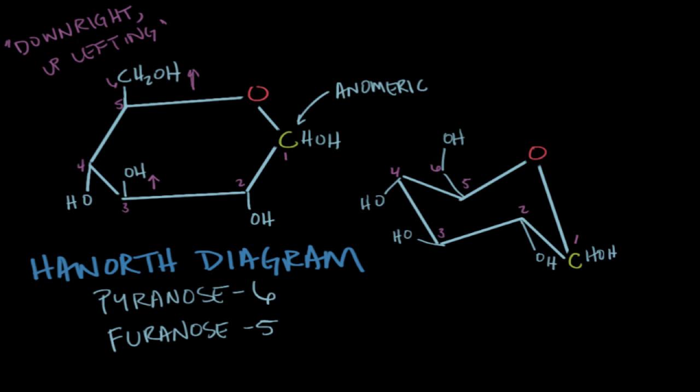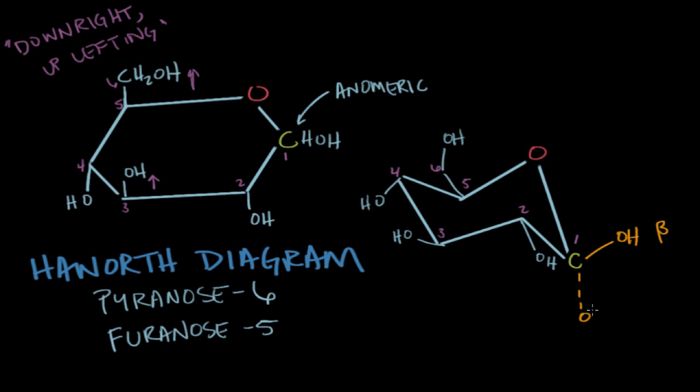On one hand, the hydroxyl group would be cis to the last carbon in the equatorial position. So it'd be cis to this last carbon over here, and it's in the equatorial position, and we call this the beta anomer. Then on the other hand, it could be trans to that last carbon group, which would place it in the axial position down here.